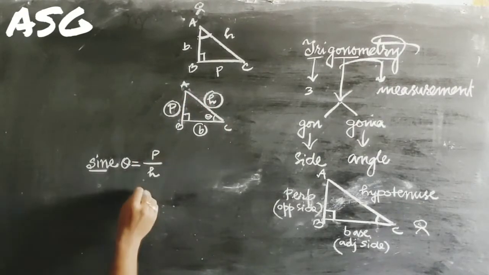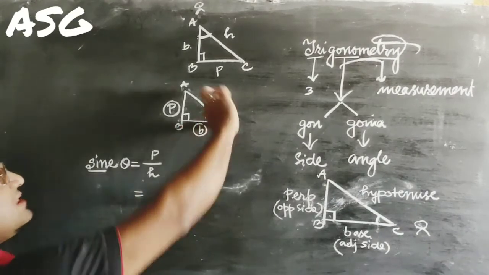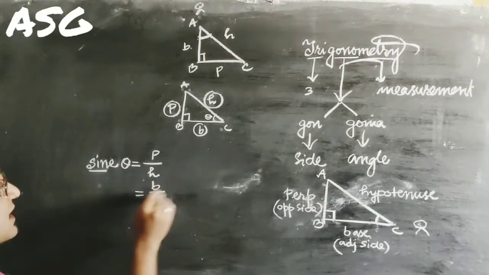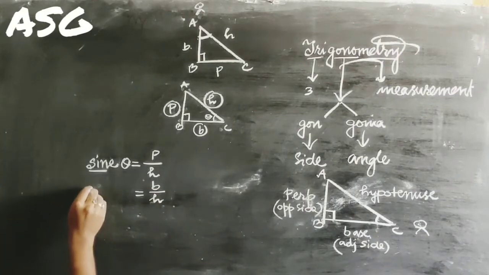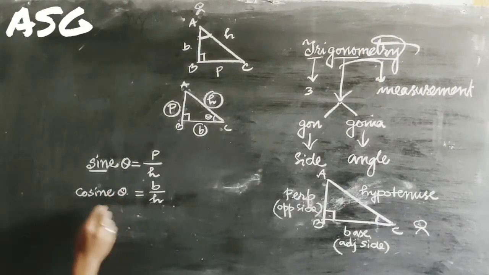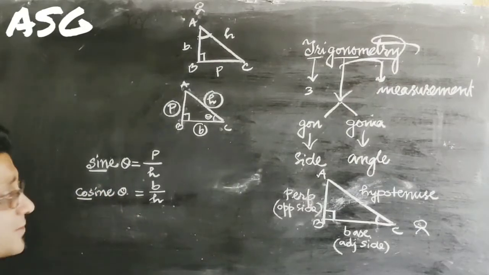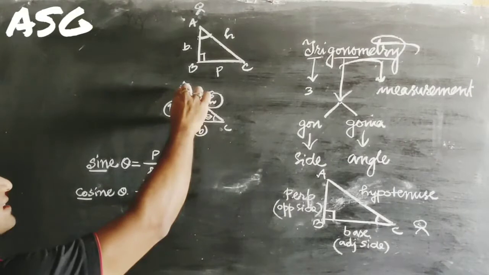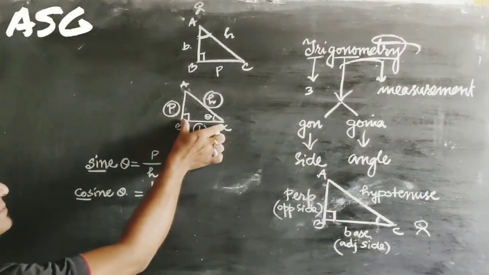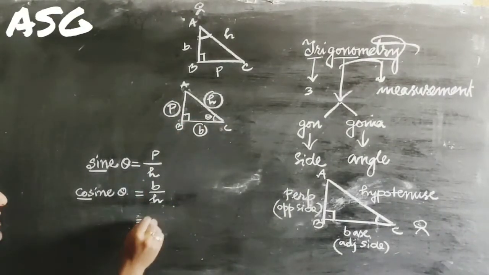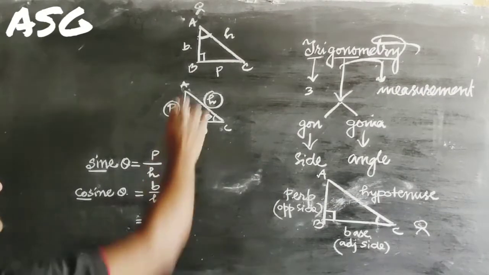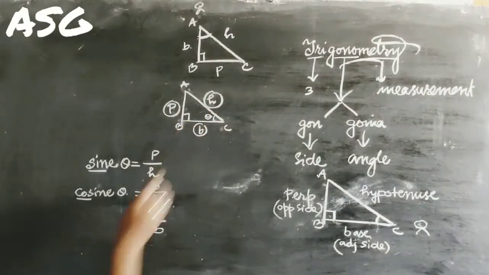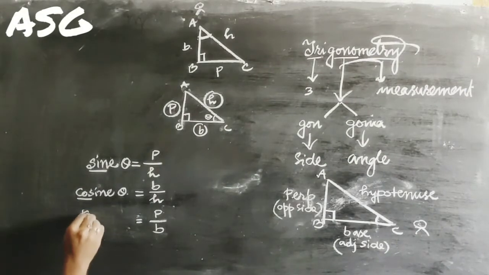Next, if I take the ratio of base by hypotenuse, then I am going to get cosine theta, which in short we write cos. If I take the perpendicular and the base, P by B, perpendicular by base, it will be tangent theta.